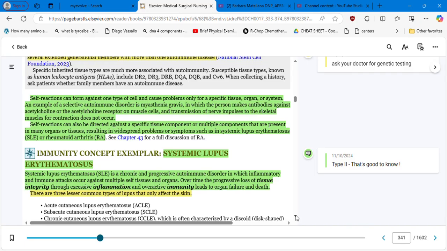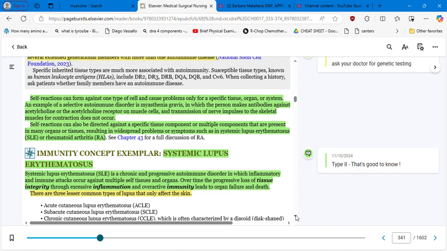We knew that about myasthenia gravis, right? So self-reactions can also be directed against a specific tissue component or multiple components that are present in many organs or tissues, resulting in widespread problems or symptoms such as in systemic lupus erythematosus or rheumatoid arthritis.